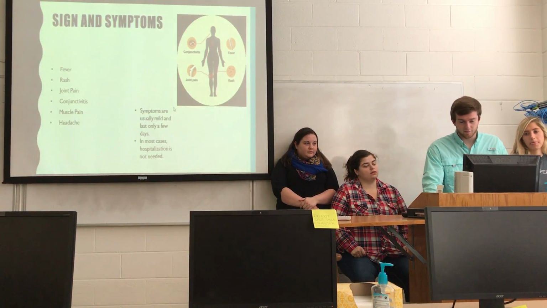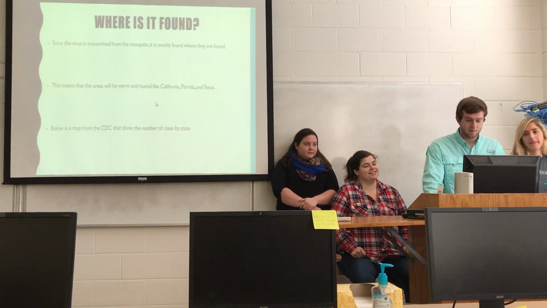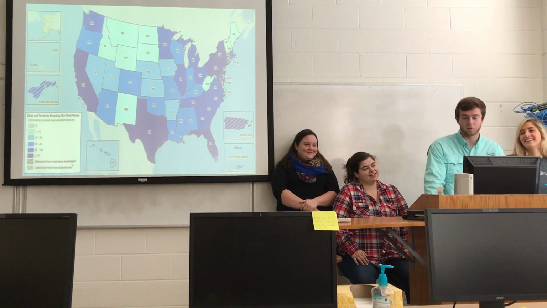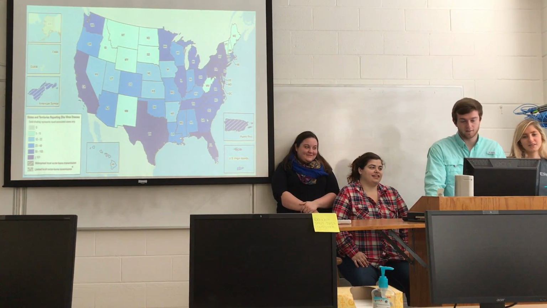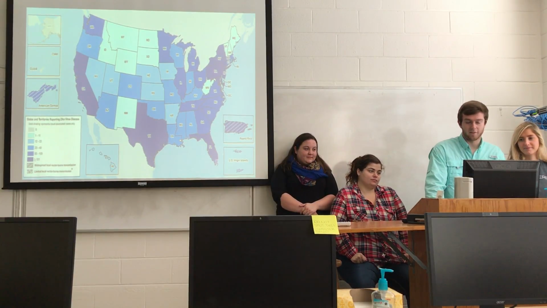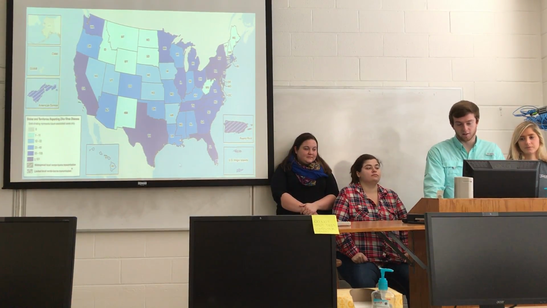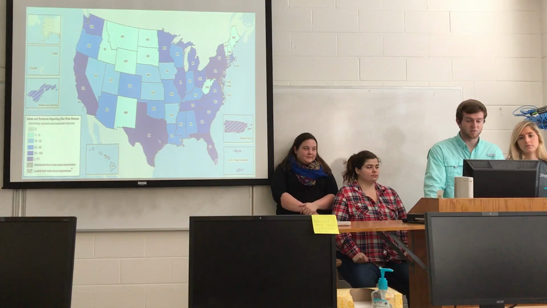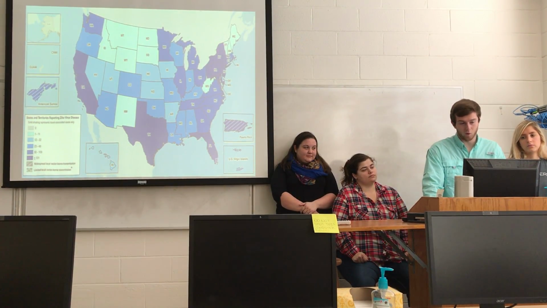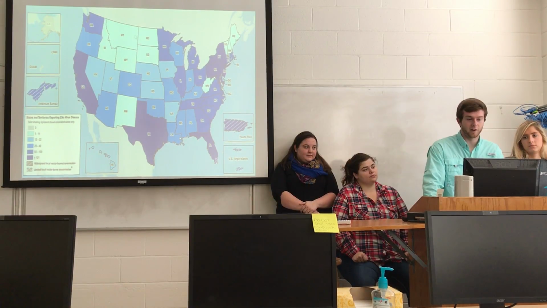As you can see, Florida, Texas, California, places with warm, humid environments, have the most, because you think of it as swampy, right near the ocean, with lots of stagnant water. You can see it's just in warm climates. You don't see any up here, or very little.